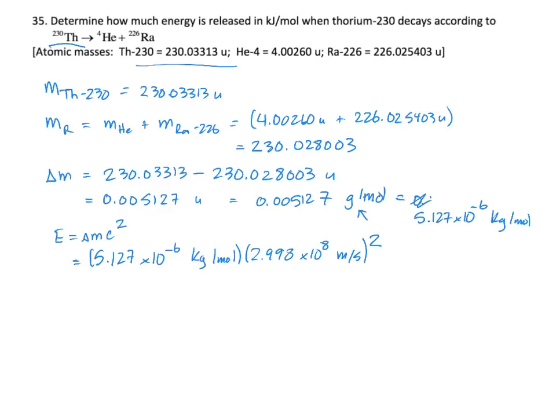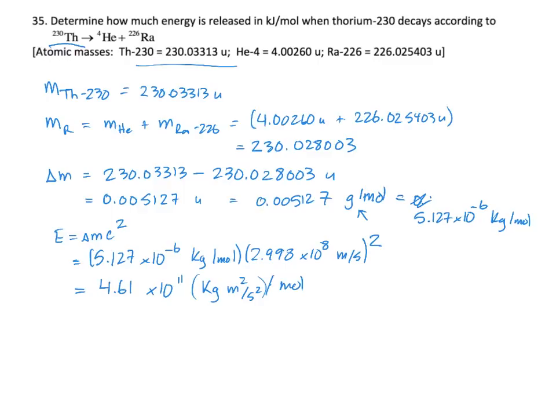And if you punch that in, you get 4.61 times 10 to the 11 kilogram meters squared per second squared per mole. It's kind of a weird unit, I guess.